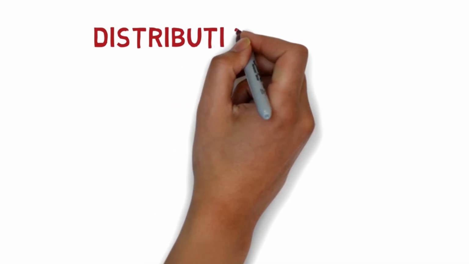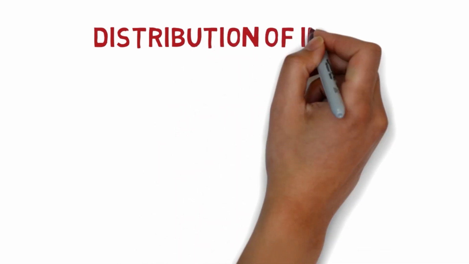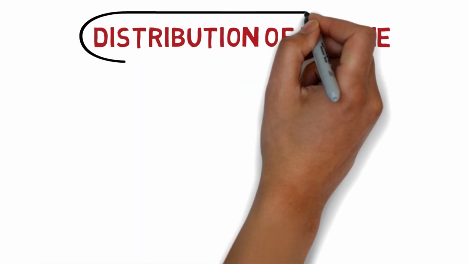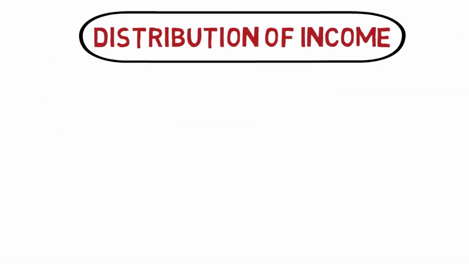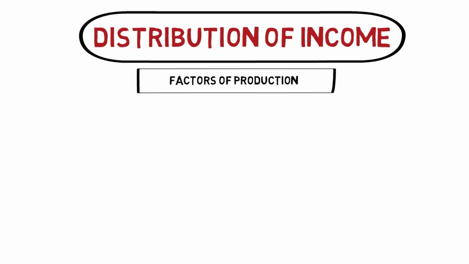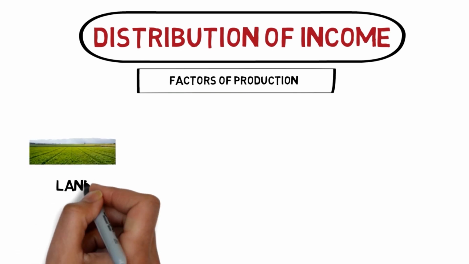Distribution of income is also associated with this problem. All the factors of production are paid from the income generated by the output. The first factor is land, which will get rent as its income.